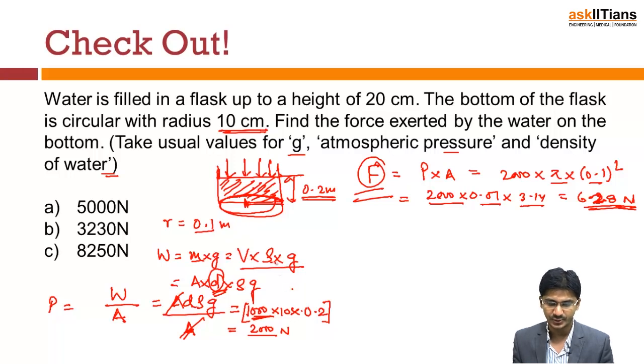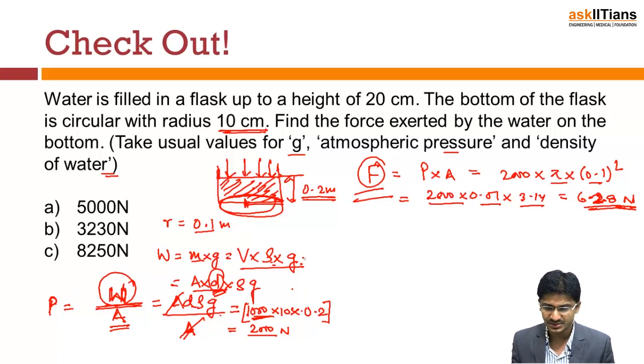So we have A D rho g, this was the total weight, and pressure is weight by area. You have to find out the force exerted by the water on the bottom, so you actually have to find out the weight only, so that's pressure into area. We may have skipped this, we will still get the same value.